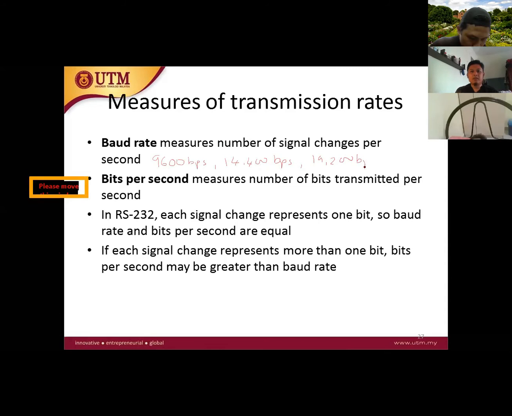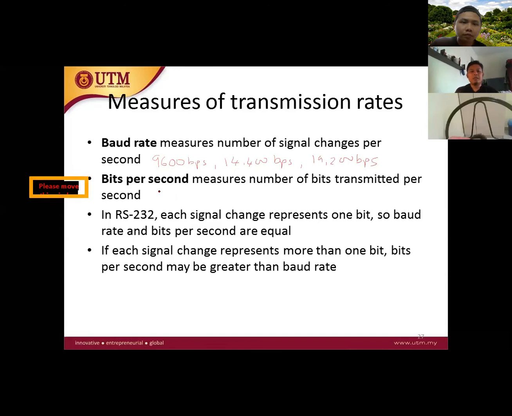Those are the common BPS rates. If you do Arduino programming, you also have to set the baud rate, or the bits per second rate, before you can do programming from your PC to your Arduino.